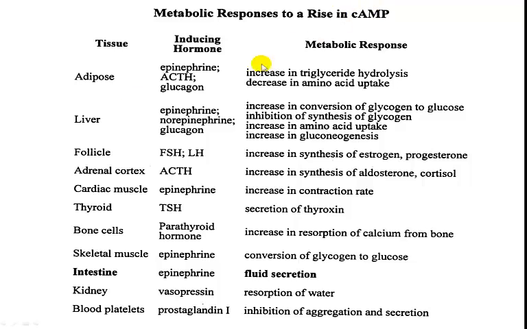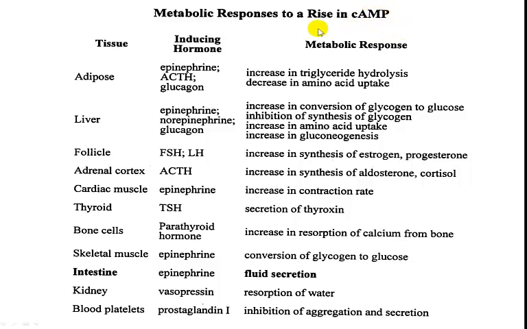But what we're saying is cyclic AMP in all these target tissues has diverse effects. And in only a few cases, like the skeletal muscle and the liver, for the same ligands, the hormones, we saw coupling to the same target systems.